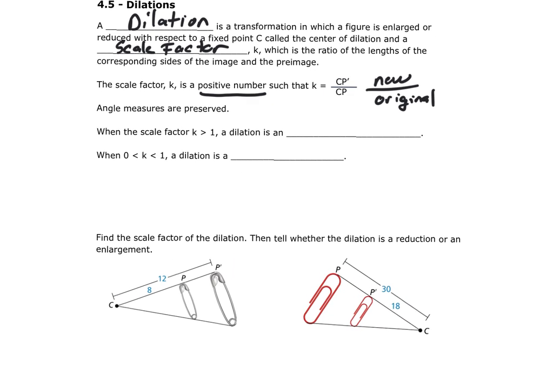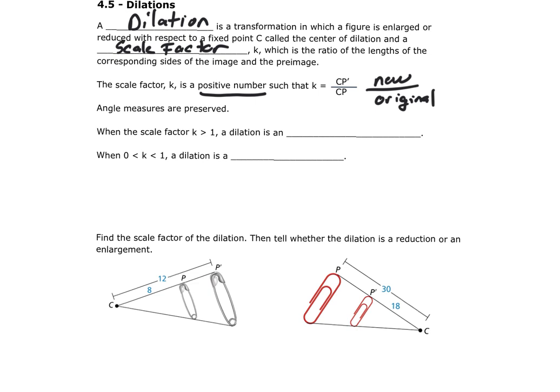When I have a dilation, size is going to be different, right? It's going to be smaller or larger, but angle measures are still going to be the same. If I look at a triangle, and let's say that I have an equilateral triangle, when I redraw this, I still have an equilateral triangle, so all my angle measures are still 60, right?